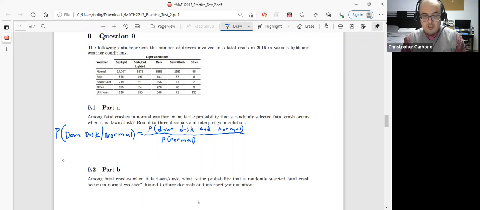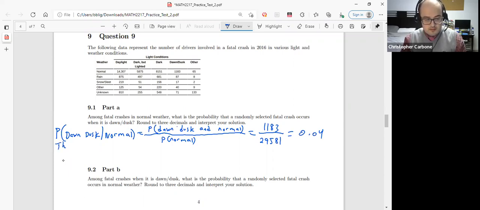So per this table, dawn, dusk, and normal gives us a number of 1,183. And if we added up this normal row, that is 29,581. So rounding this gives us 0.04.